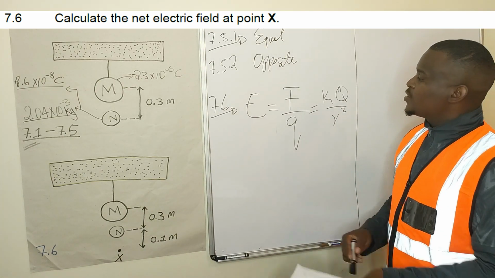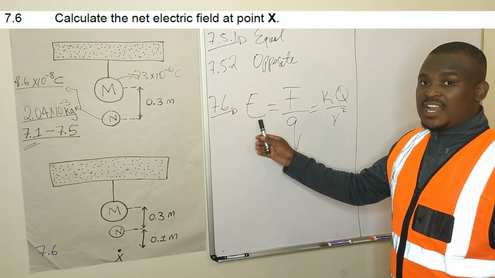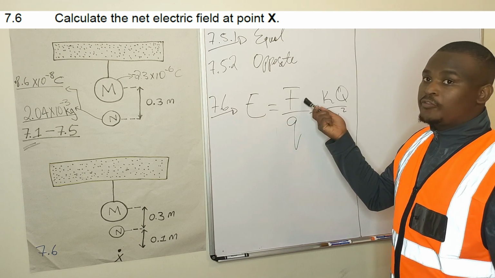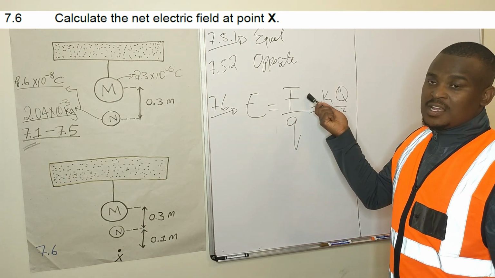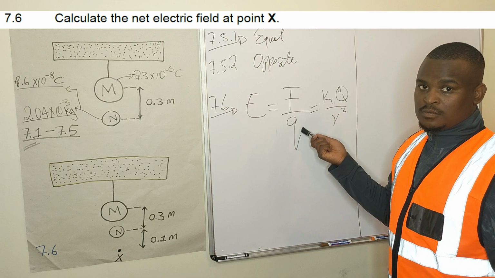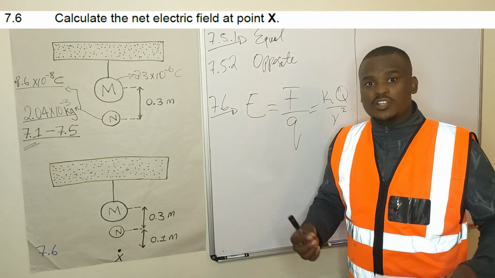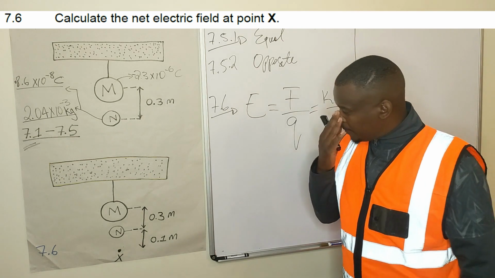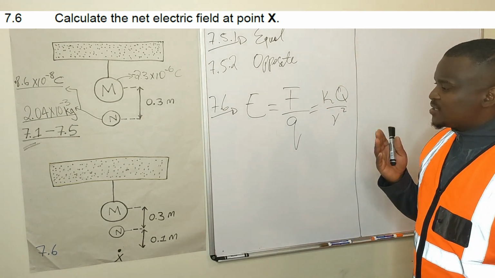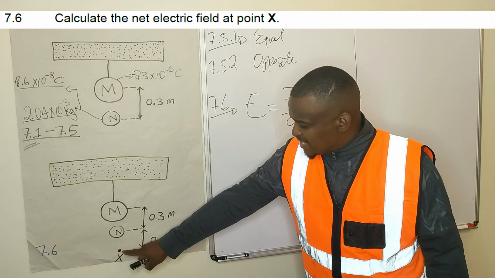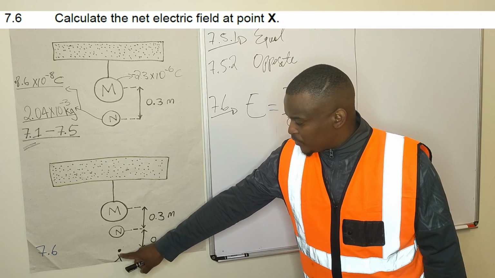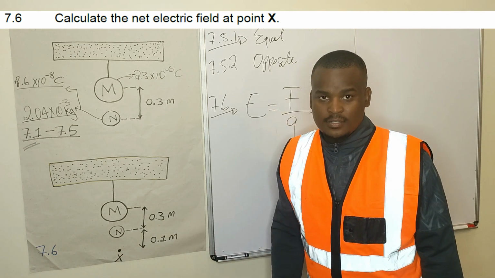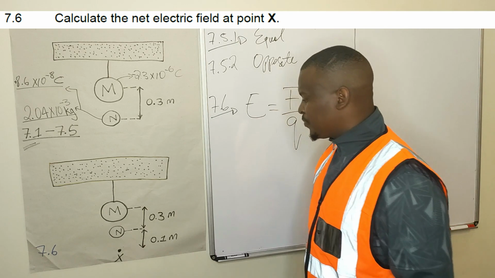So it is the electrostatic force experienced by each charge. How do you calculate the net electric field at point X?